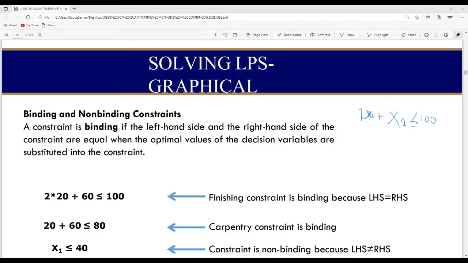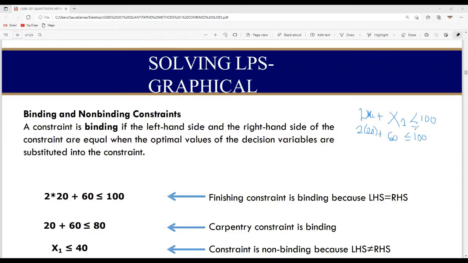So the value of x1 was what? 20, plus the value of s2 was 60, less than or equal to what? 100.